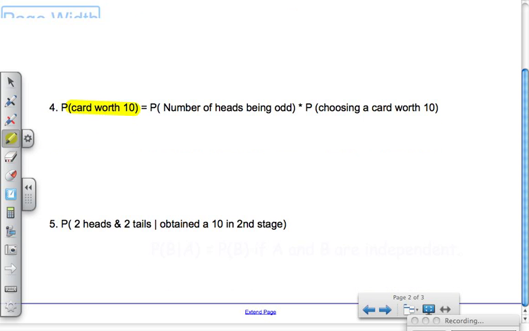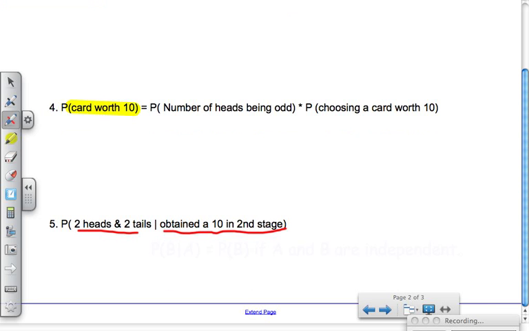For the last one here, number 5, it says the probability that you toss 2 heads and 2 tails, given that you obtained a 10 in stage 2. What you need to remember is that these 2 events are independent. Tossing heads does not have any effect on the probability of drawing a card or tossing a die.